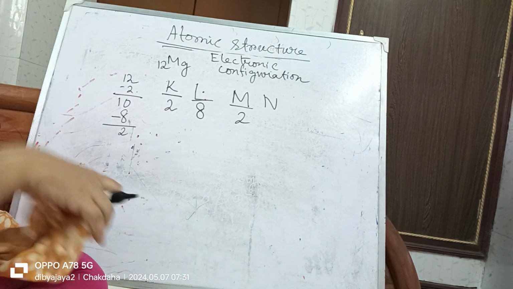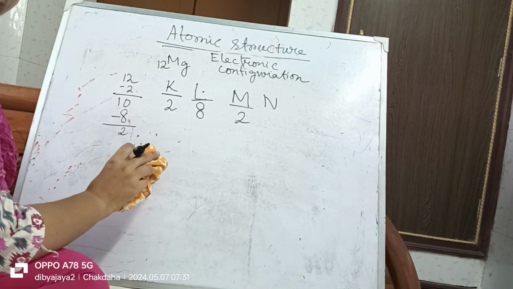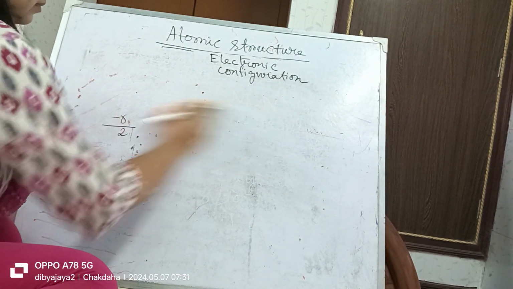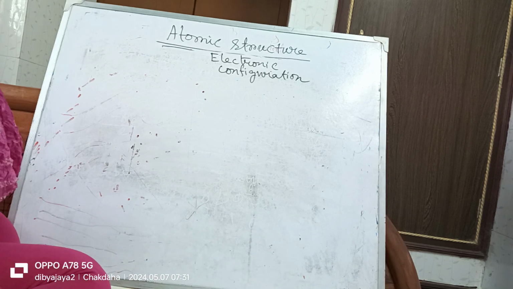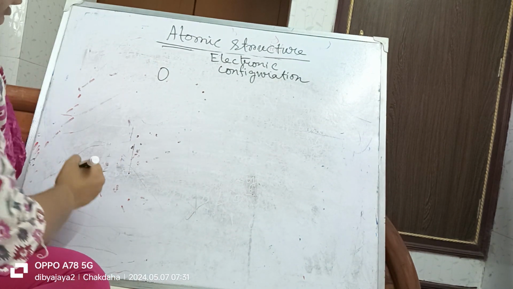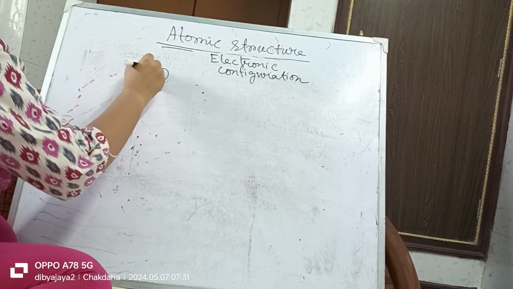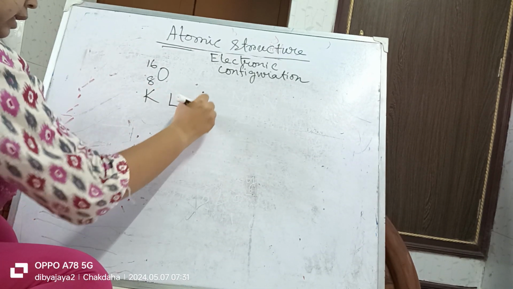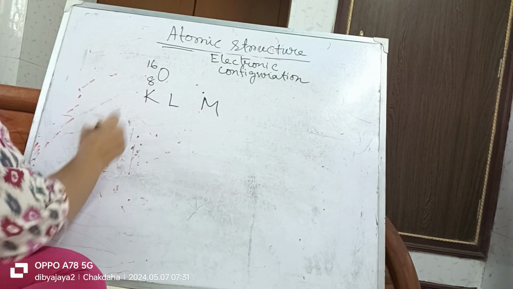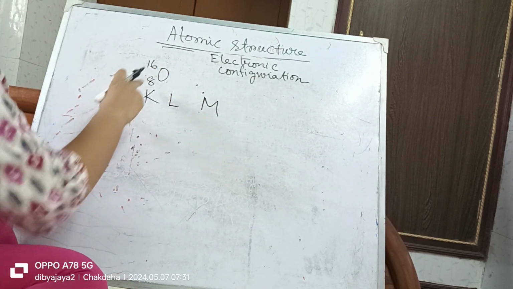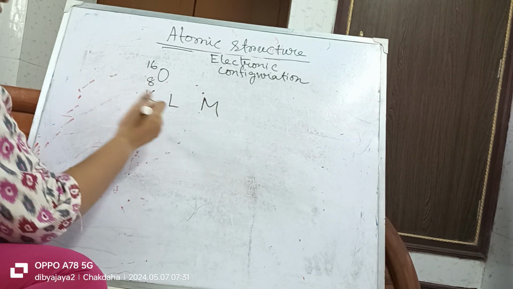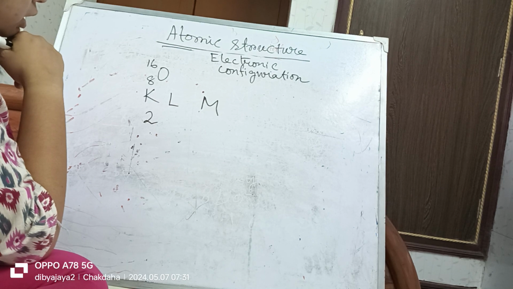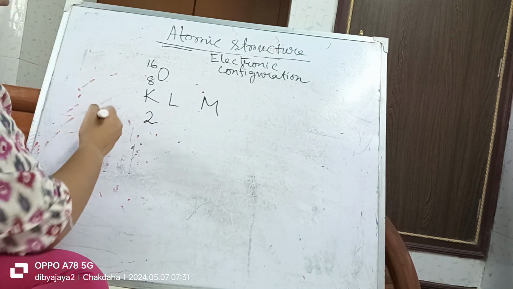We are doing another one, oxygen. Oxygen has atomic number 8 and mass number 16. Then K, L, M. The atomic number is 8, so in the K shell 2 electrons can stay.